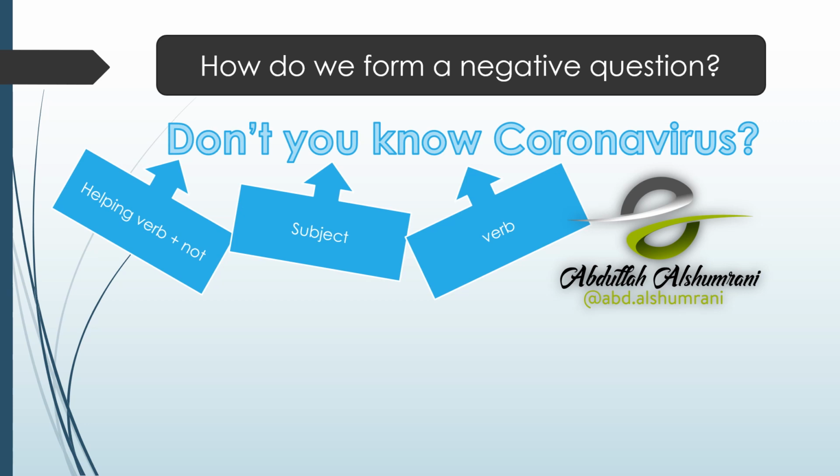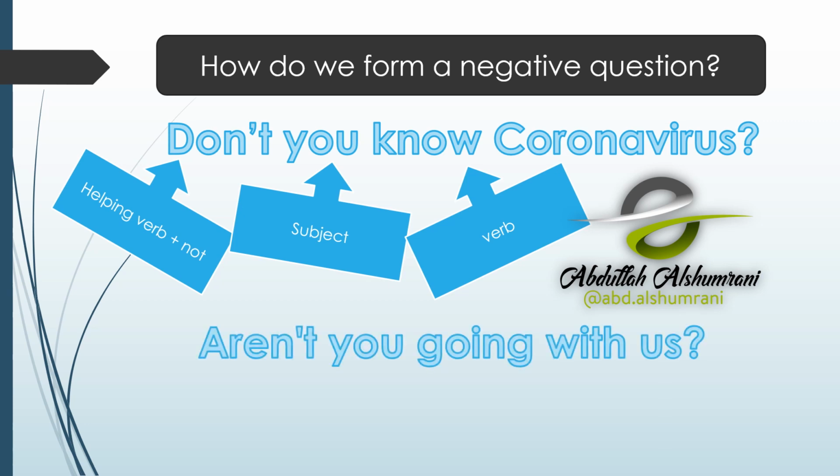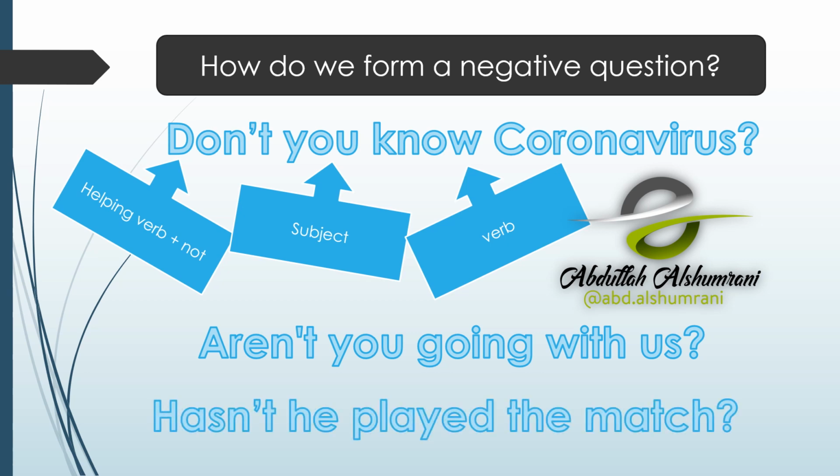But when you are talking about something happening at the moment, you should use am, is, and are, and the question should be in the present progressive. Aren't you going with us? But when you are asking about something that has started in the past and still affects the present, you should be using the present perfect, and this means that you should use has and have. Also, this applies to other tenses.